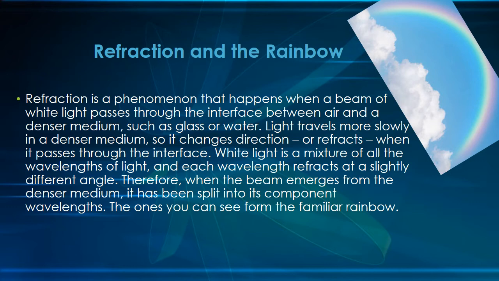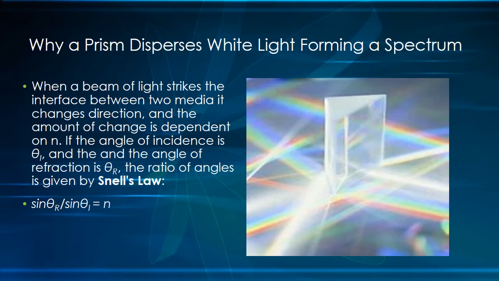White light is a mixture of all the wavelengths of light, and each wavelength refracts at a slightly different angle. Therefore, when the beam emerges from the denser medium, it has been split into its component wavelengths. The ones you can see form the familiar rainbow.